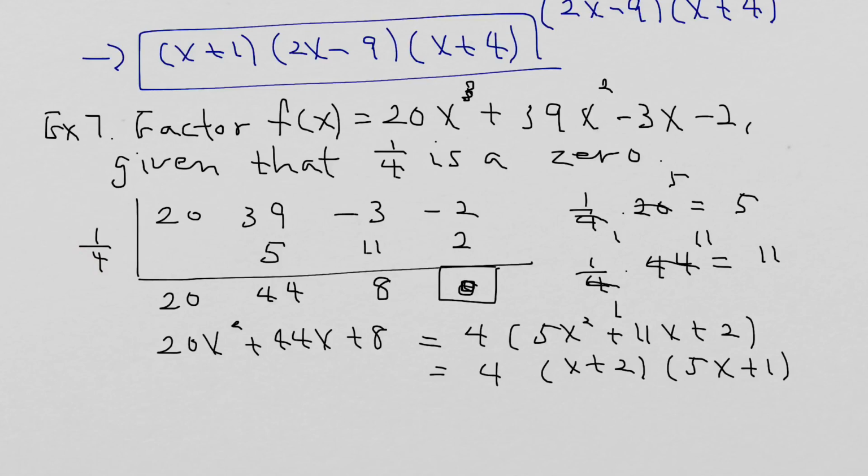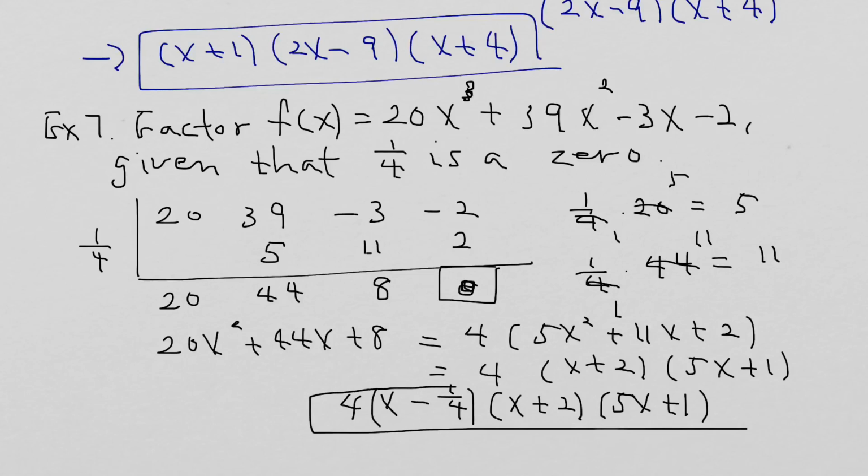So your whole solution will be: 1/4 will be subtracted from the variable x to get x minus 1/4 as a factor. And then 4 will be the factor, and you have x plus 2 and 5x plus 1. So if you're looking for the factors of f of x, that will be your solution.